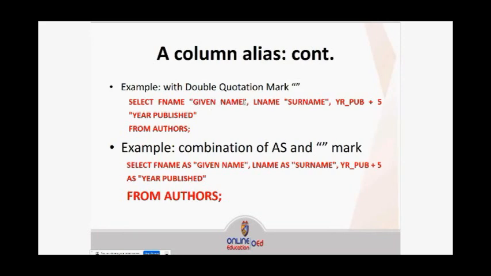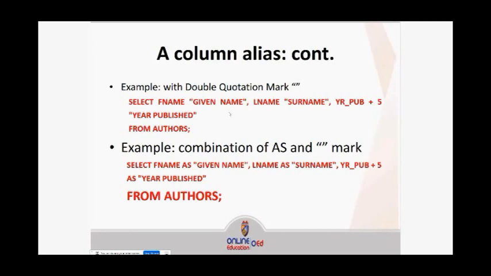Why the double quotation mark? Because at least it can read a string, di ba? Kasi para may output tong string na to with space, you can use the double quotation mark. So that's the difference. Kapag yung AS lang ang gamit mo, dapat one word lang. Kapag double quotation mark, kahit mag 2 words ka, 3 words with special characters, it will be accepted.